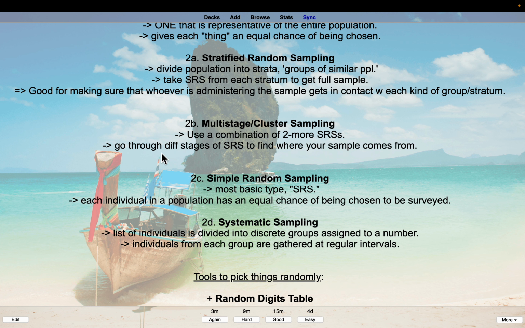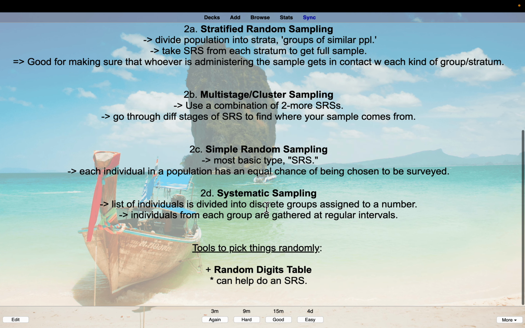You go through different stages of simple random sampling to find where your sample comes from. For simple random sampling, this is the most basic type, from the word simple. In other words, abbreviated as SRS, each individual in a population has an equal chance of being chosen to be surveyed. So again, this is not biased. Everyone has an equal chance.